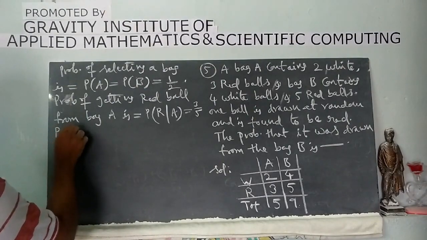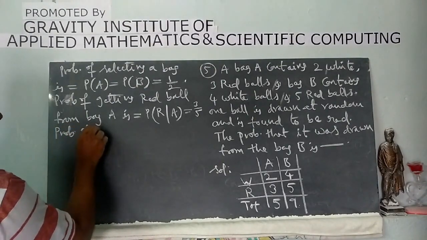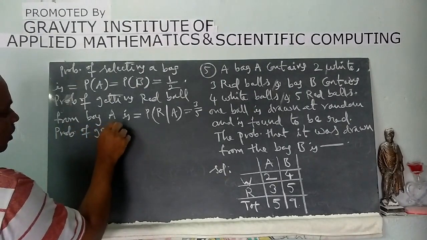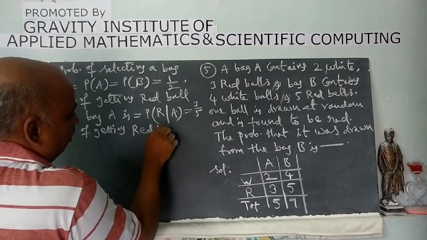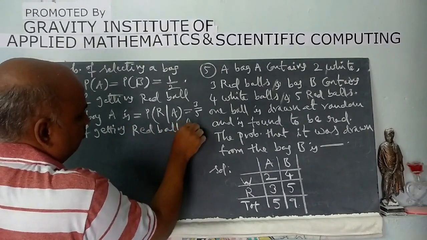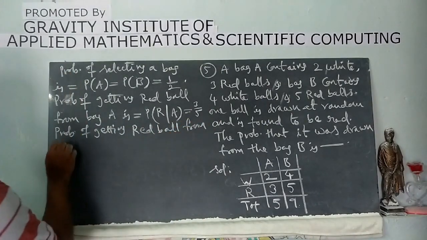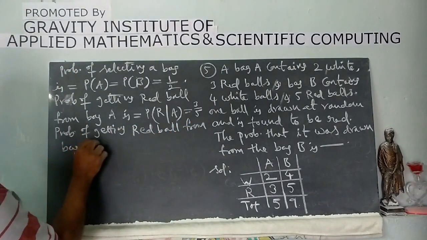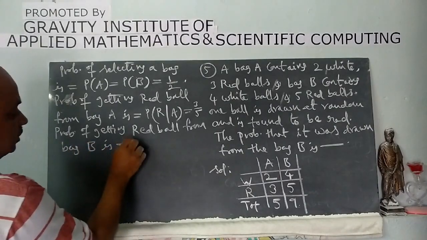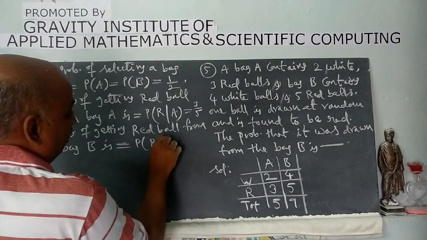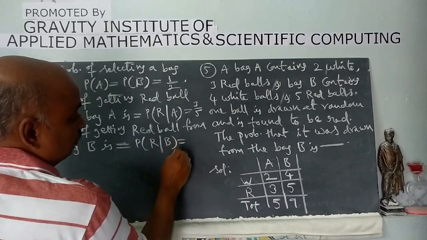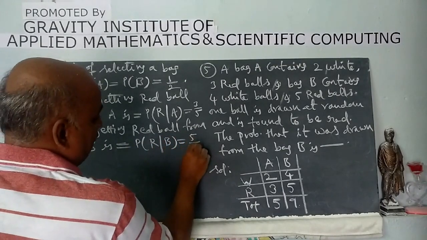Probability of getting a red ball from bag B, P of R given B, is 5 by 9.